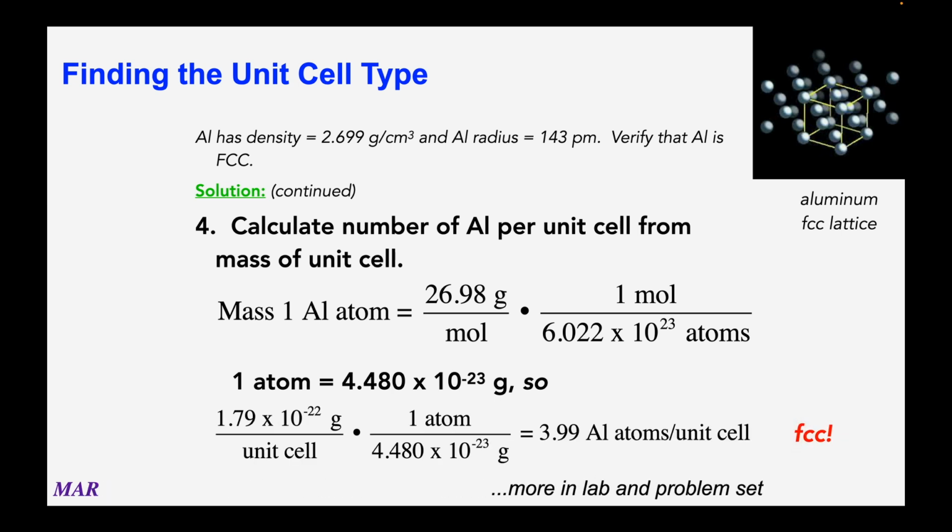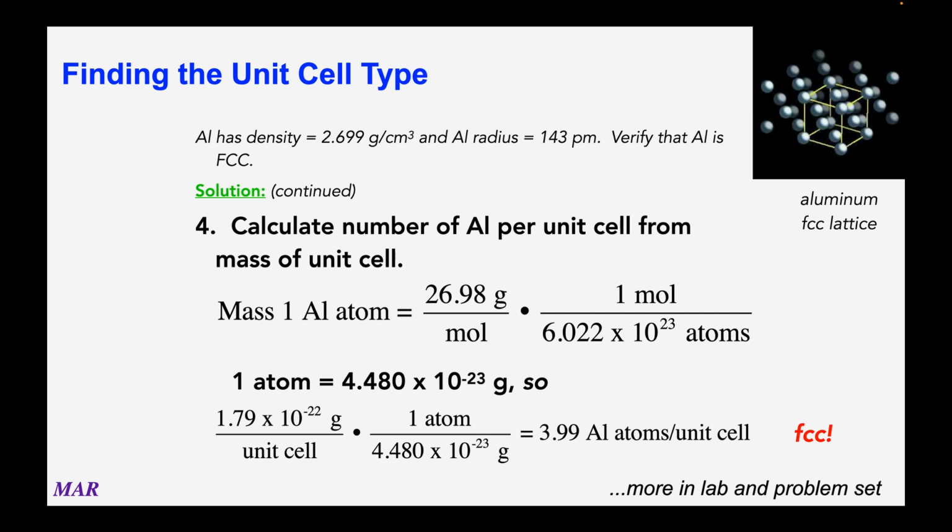So earlier we saw that there was 1.79 times 10 to the minus 22 grams in a unit cell. And what we just calculated here is that one atom of aluminum is 4.480 times 10 to the minus 23rd grams. And when you multiply these together, you can see that you end up with atoms per cell. The grams cancel out.